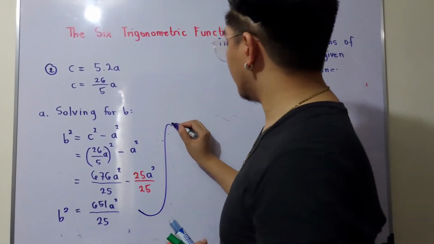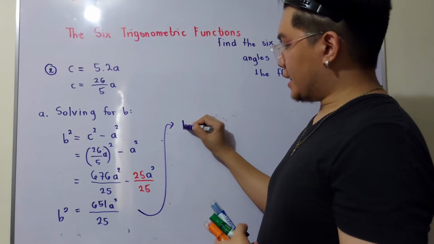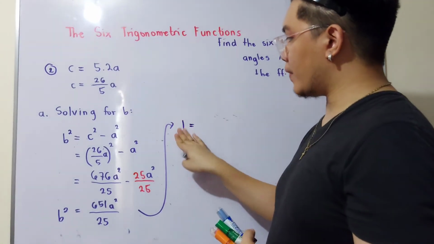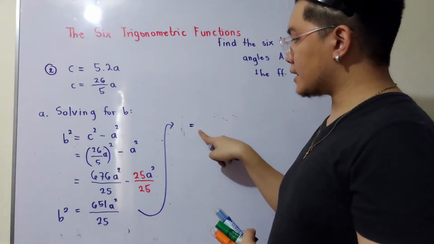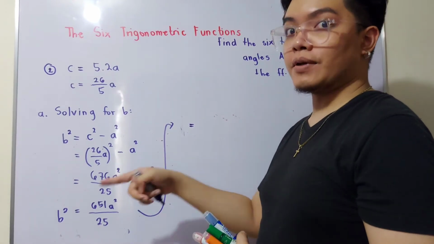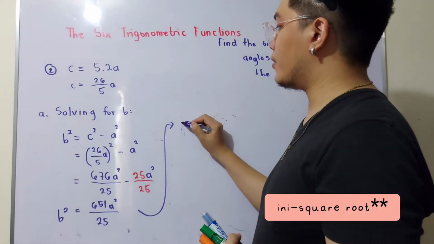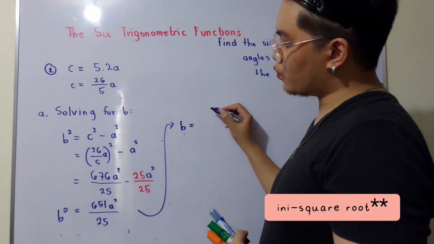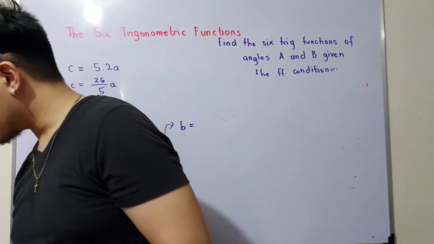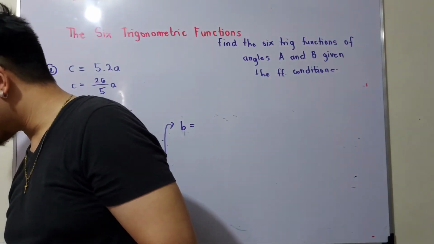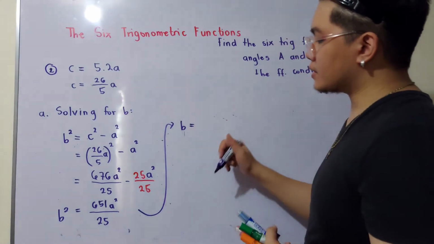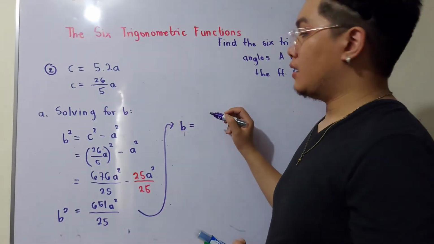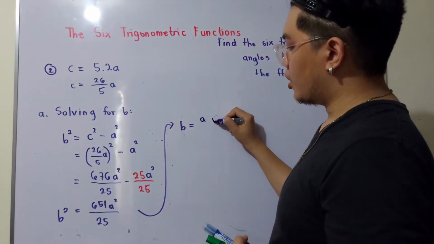So ngayon, doon na tayo sa B. Okay? Hindi mo yan i-equate ha. Pag in-equate mo yan, tapos nag-square root ka, dapat pati yung B squared, in-square root mo. So B is equal to, okay, so si 651 may square root.